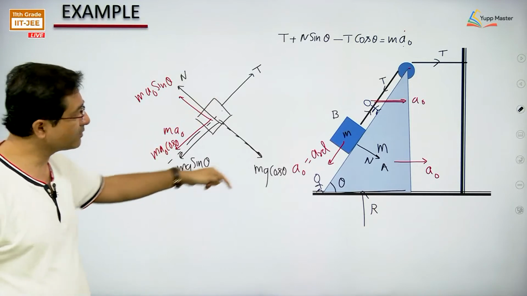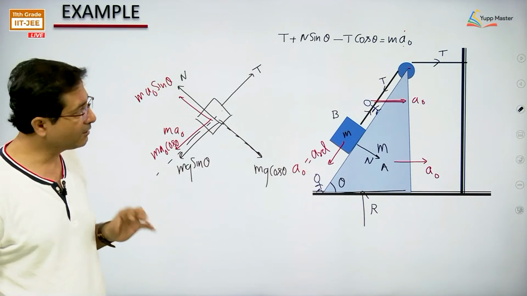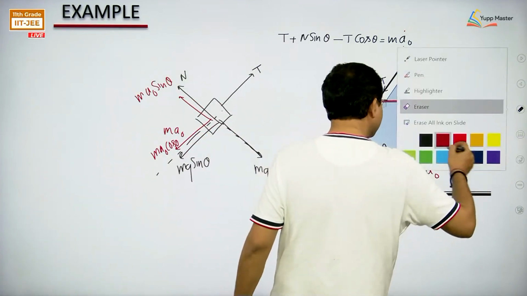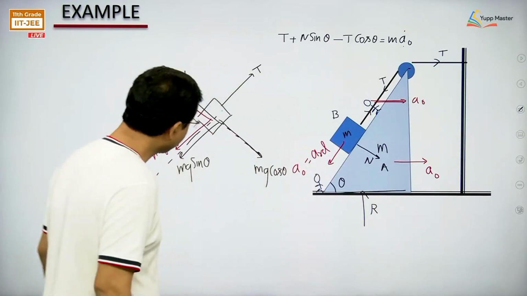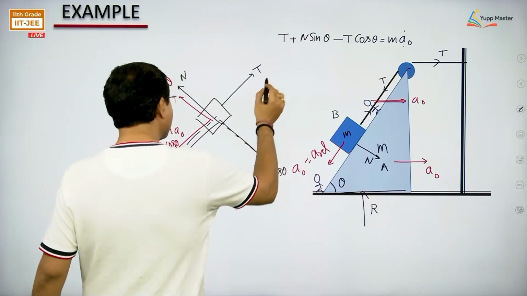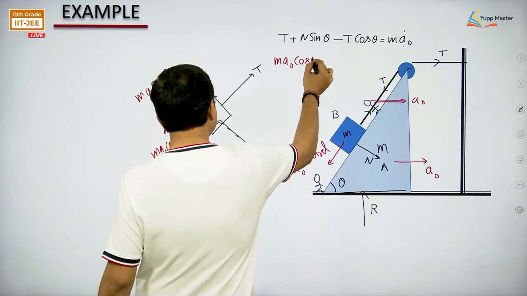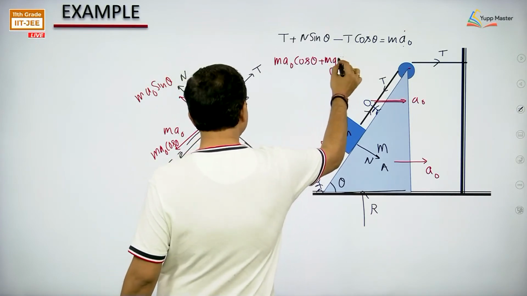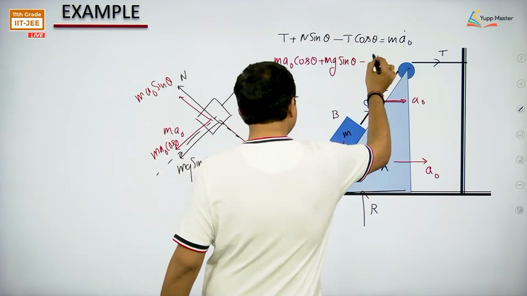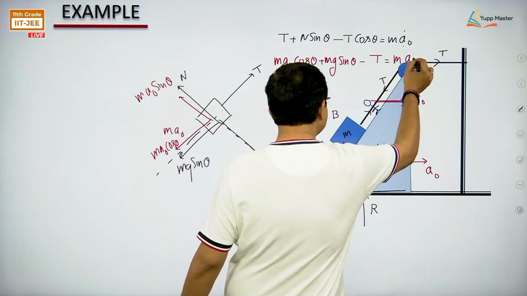Along the plane he observes that block is having relative acceleration a0. So this observer, what he is going to write, let's see that. So net force along the plane: ma0 cos theta plus mg sin theta minus tension T up is equal to mass into acceleration.